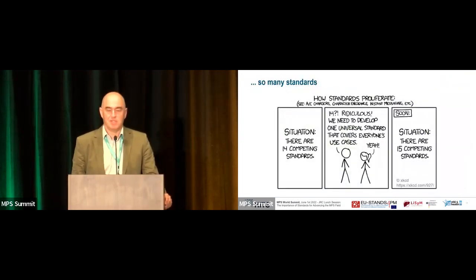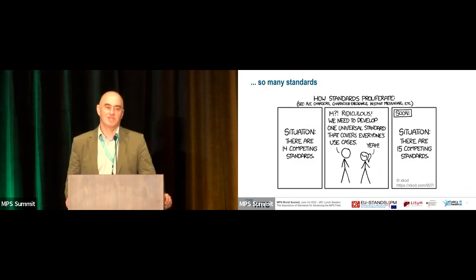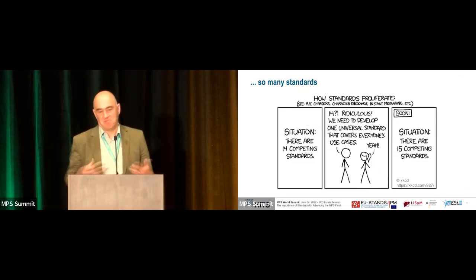And so you have this whole forest of standards coming from the scientific world, defined as grassroots standards, and how to look through all these standards, you need some kind of guidance.